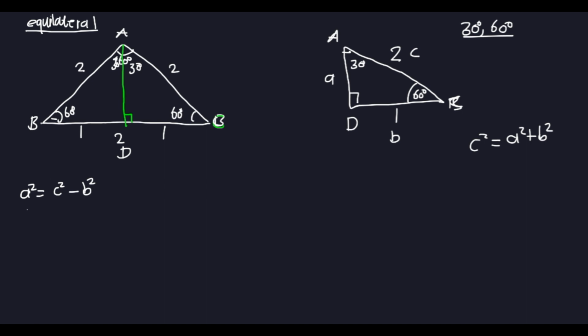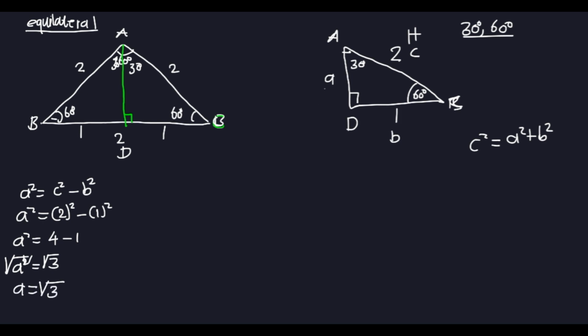So let's now find this A. C is 2 squared minus our B, which is 1 squared. This is our hypotenuse, that's our C. So A squared is equal to 2 times 2 is 4, minus 1. A squared is equal to 4 minus 1, which is 3. So introduce the square root on each side. So the value of A is equal to root 3. So here we have root 3.